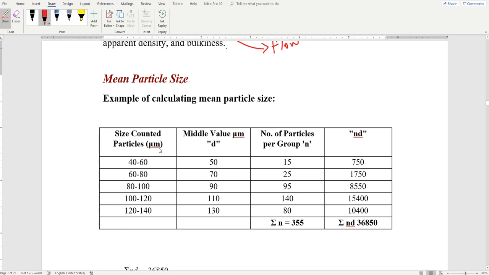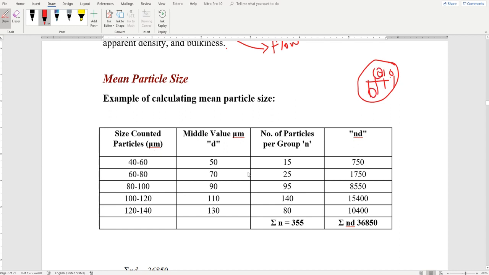A graticule is a piece that allows you to look at the particle with a scale. When you look at the particle through the eyepiece, you will see a scale in the eyepiece, and this scale will allow you to determine the particle size. What is their size?